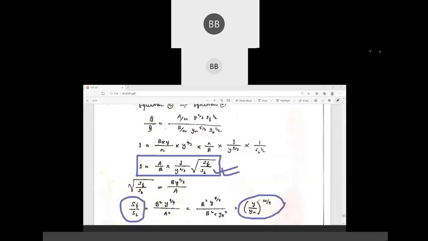Just write down the steps. This is simple mathematics, you can easily understand it. If you don't, then just ask me in the next class. We have to just divide both the equations, and you will get a value for sf divided by sb, and I'll tell you why we need this expression for sf divided by sb for wide rectangular.